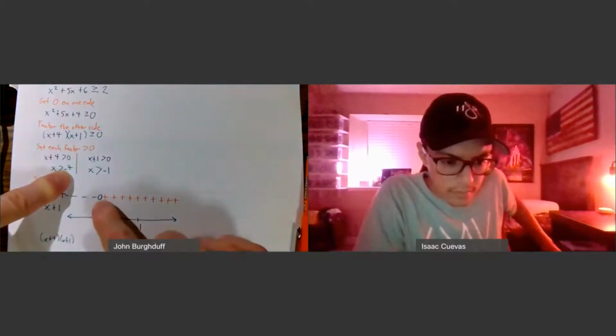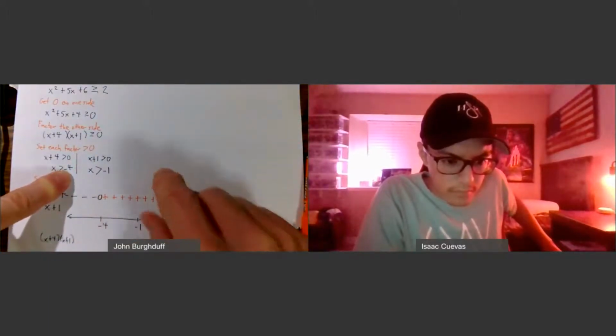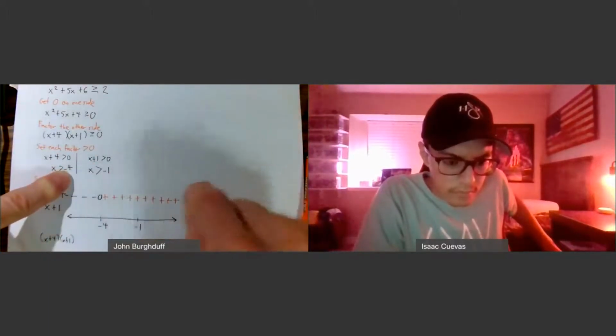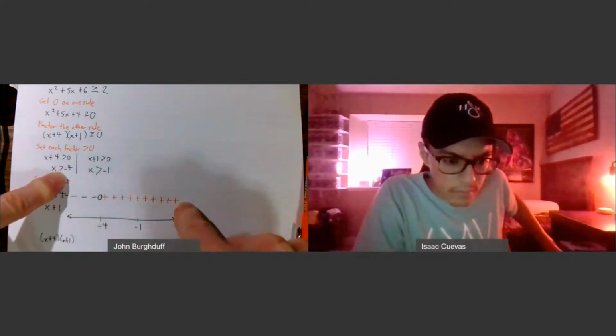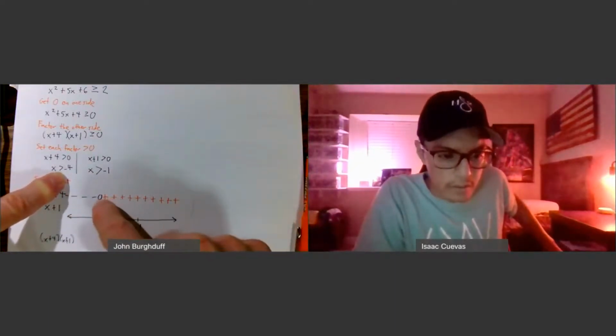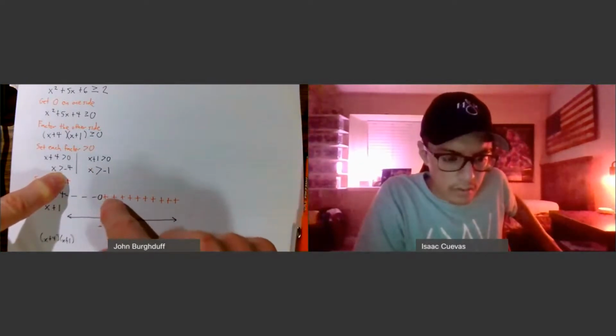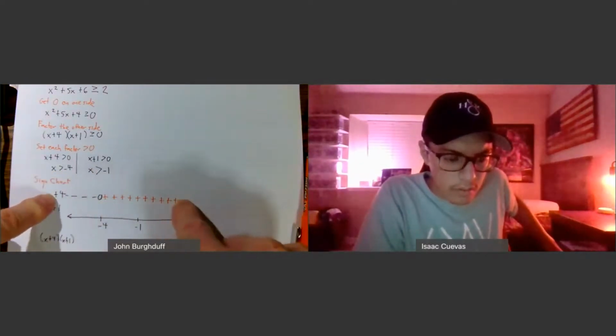And this is basically just a number line representation of that. Just instead of coloring it in, I put the plus signs so I remember that it's positive over here. x greater than negative 4, bunch of plus signs. Okay. And then what you get for free is that if the given factor is positive on one side, it's negative on the other side.